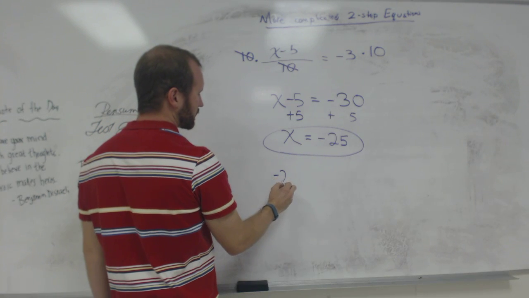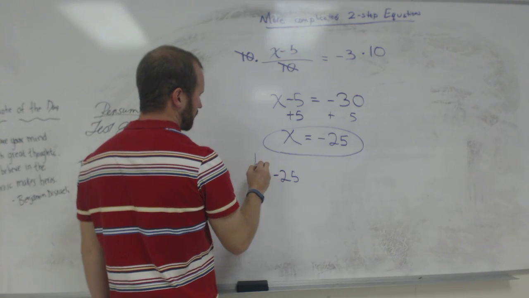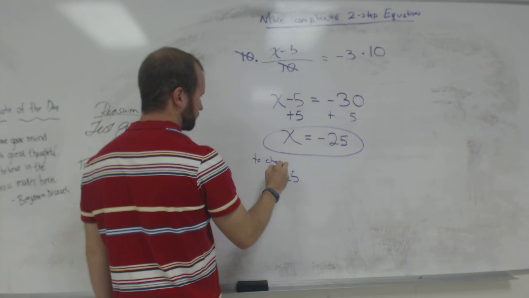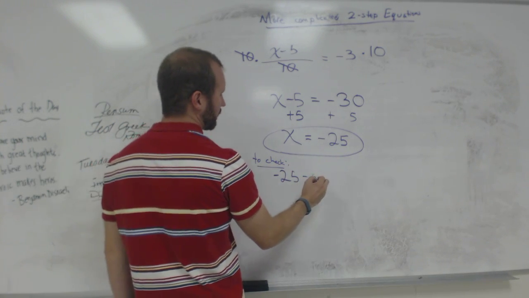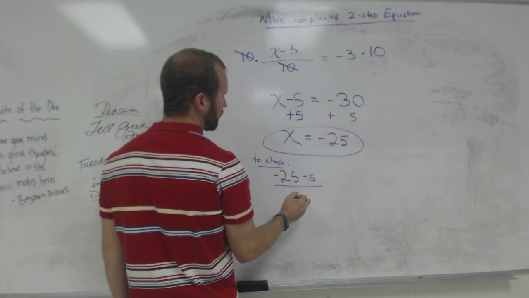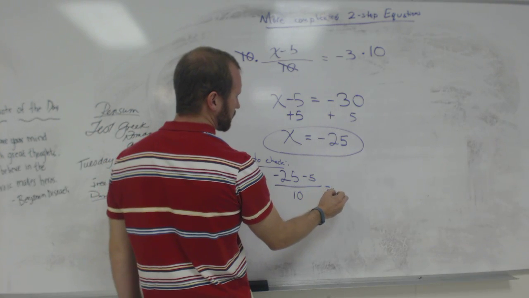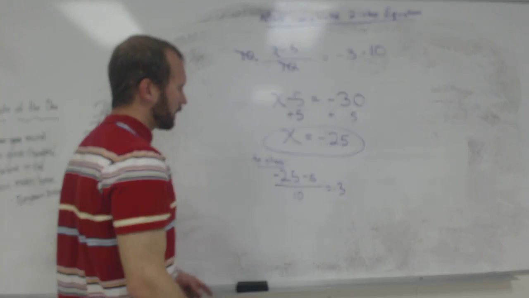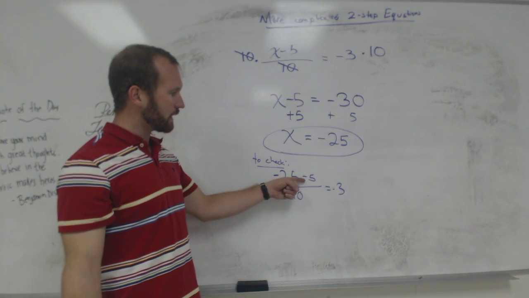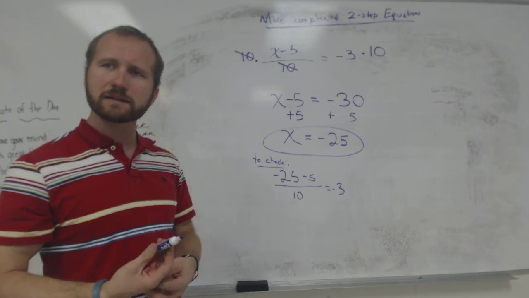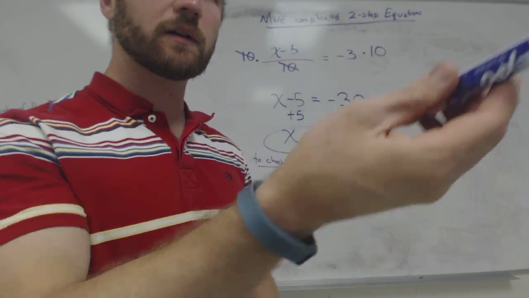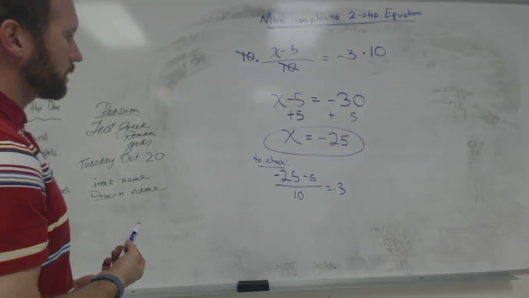So going back to my original problem, let's write this out to check. Negative 25 minus 5 over 10 is supposed to equal negative 3. What is negative 25 minus 5? That's the same thing as negative 25 plus negative 5, which is negative 30.